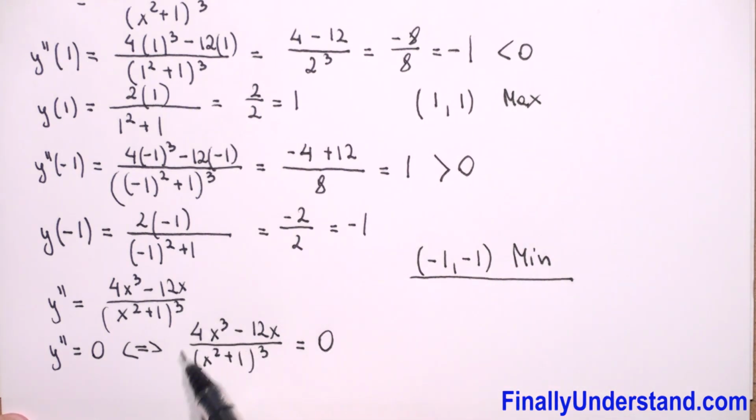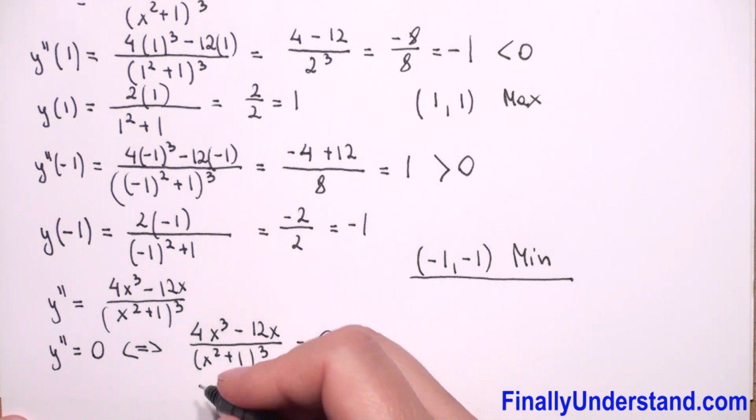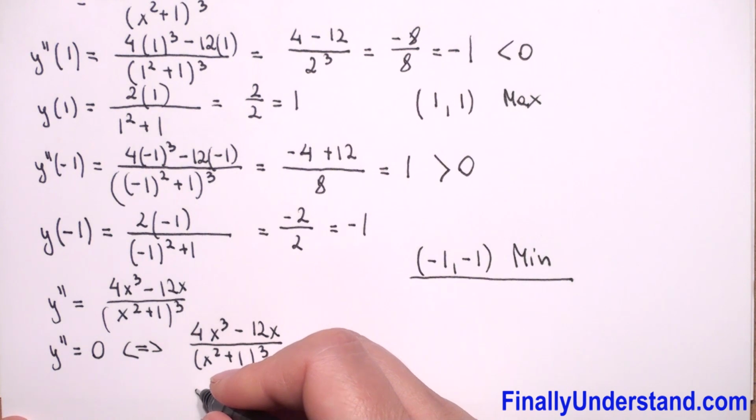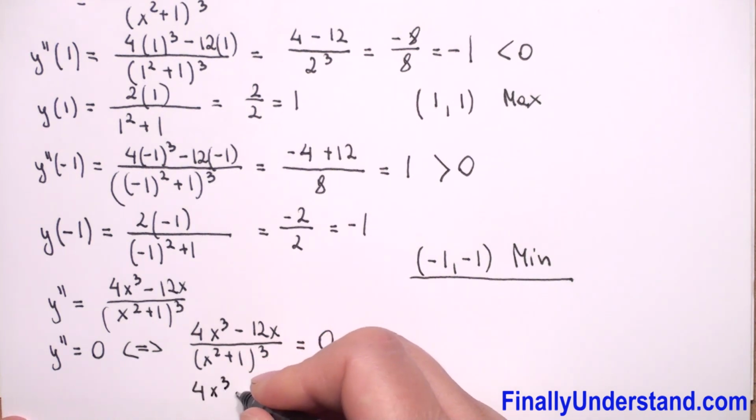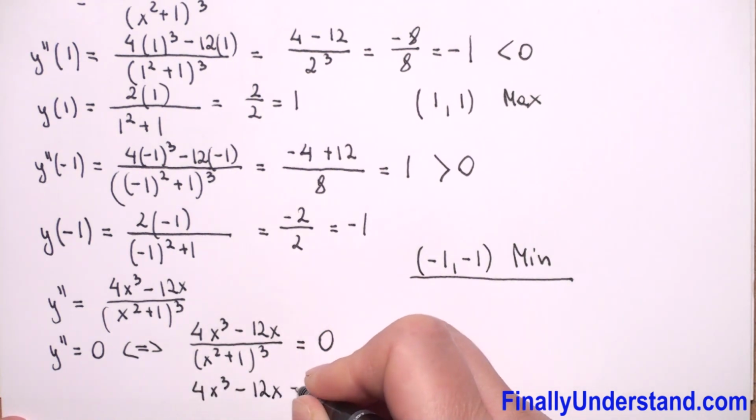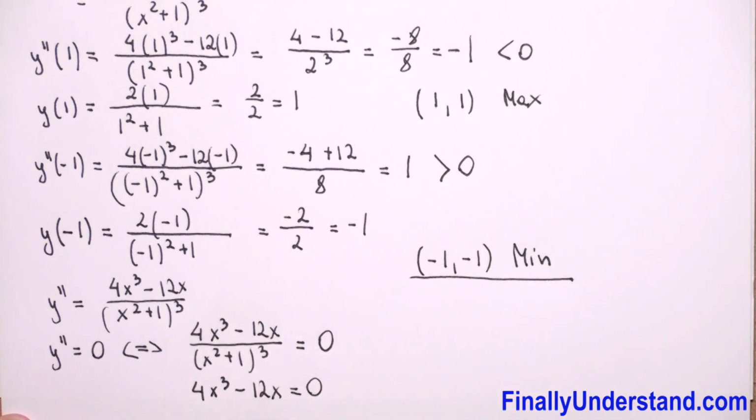We have on the left side fraction. The denominator can never be 0, so we have to only compare numerator to 0. So we have 4x to third minus 12x is equal 0. We have to solve this equation.